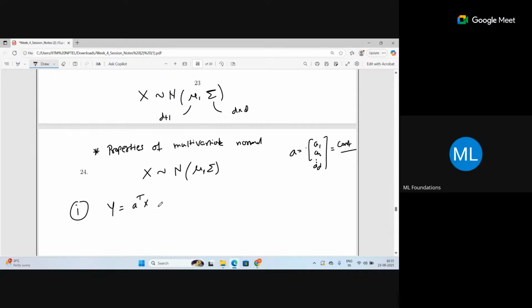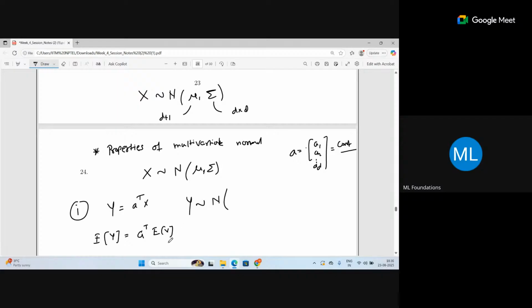If y equals a transpose x, then what will be the distribution of y? The distribution of y will also be normal. What will be the mu? If you just apply the normal formulas, expectation of y equals a transpose expectation of x.